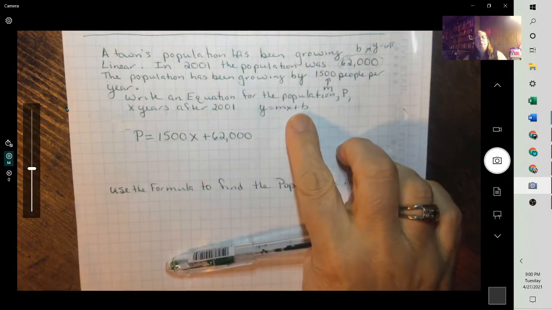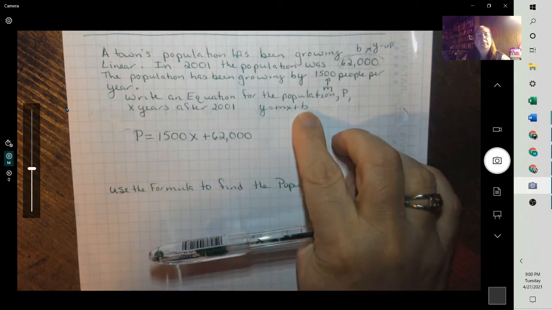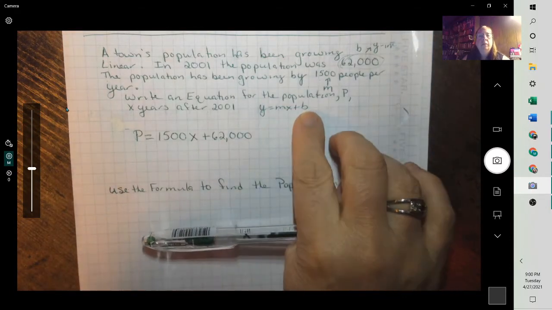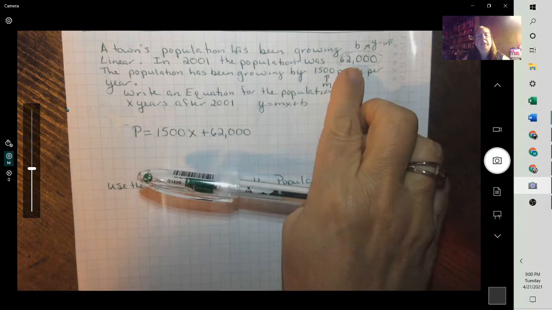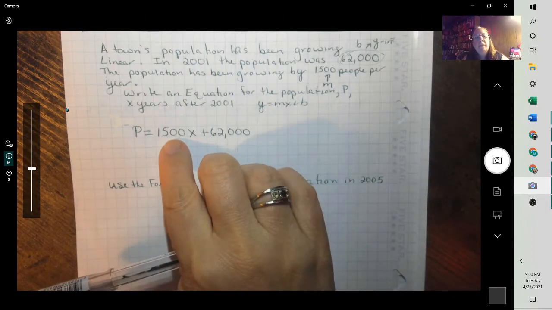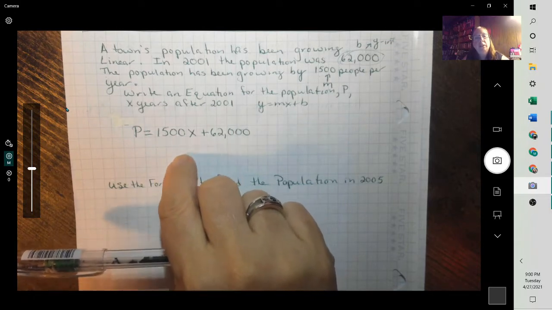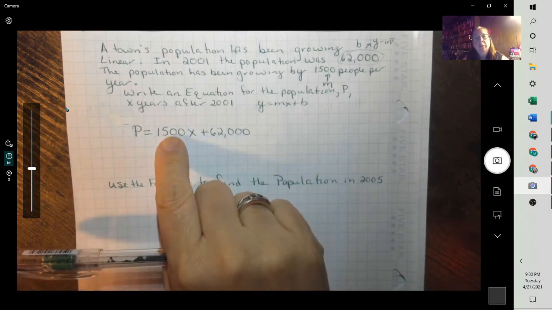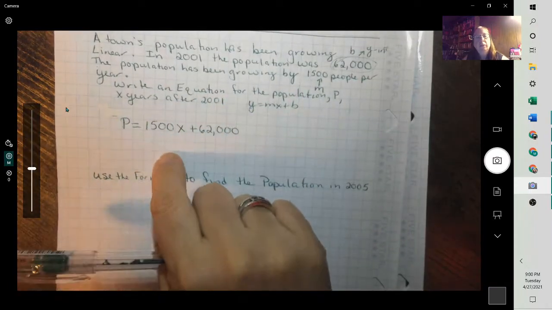So B is the y-intercept. It's a starting amount, a fixed cost. In this case, it was what the population was in 2001. And this is how it changes, and that's why it's our slope. So that would be our equation.